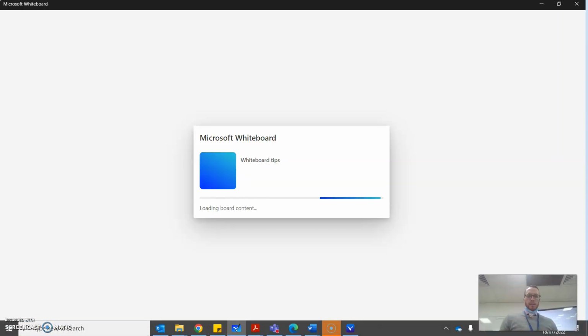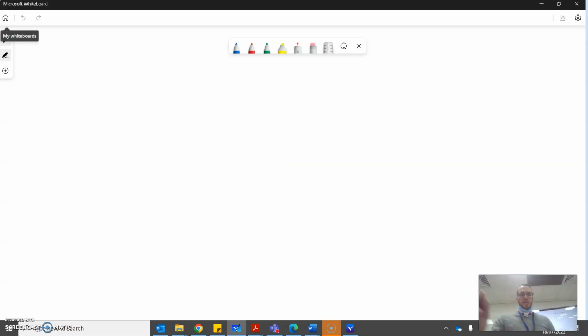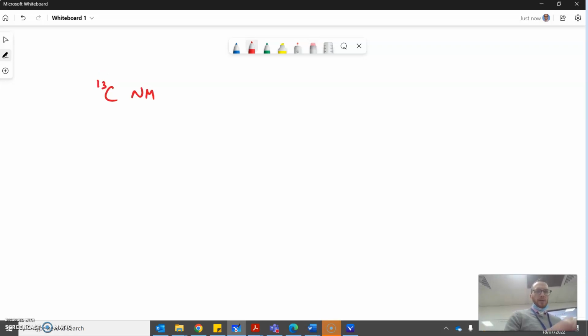Okay, so let's look at, say, propane to start with. So carbon 13 NMR. Let's say propane.